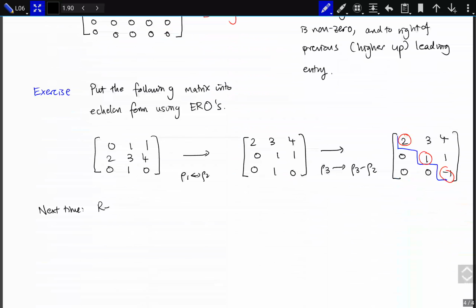We're going to study what's known as reduced echelon form, so it's even more systematic. And we're going to introduce Gaussian elimination and Gauss-Jordan elimination.